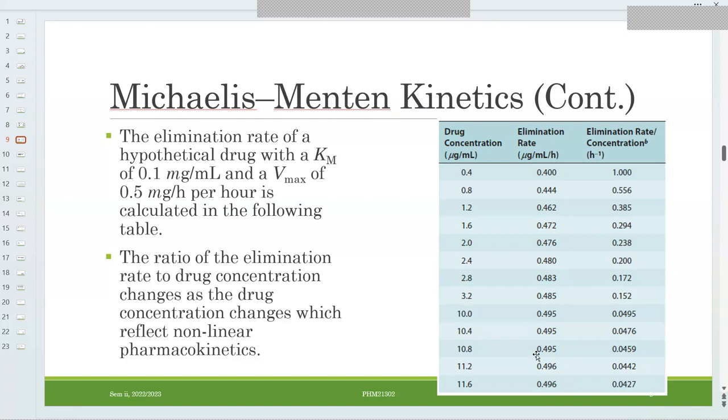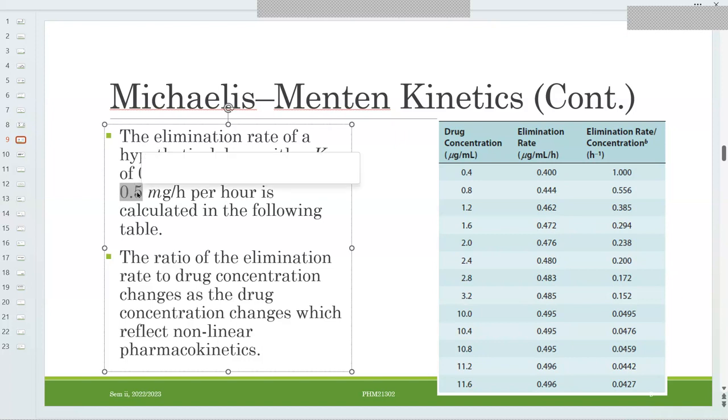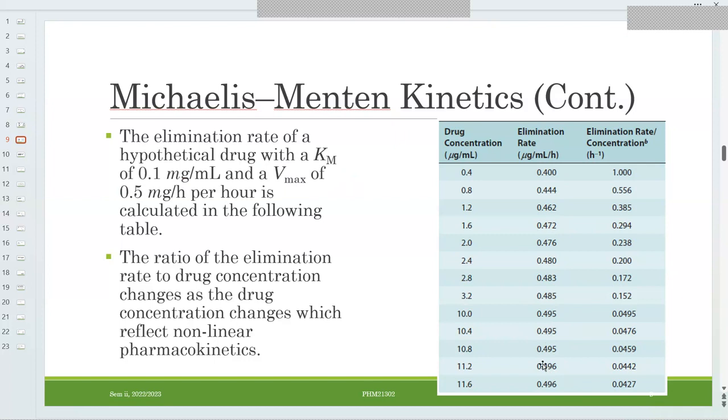It's almost stable at 495, 496. So this is the Vmax, almost 0.5, right? But if you calculate the ratio, you find that the elimination rate divided by concentration is changing. It's not the same. It's decreasing.